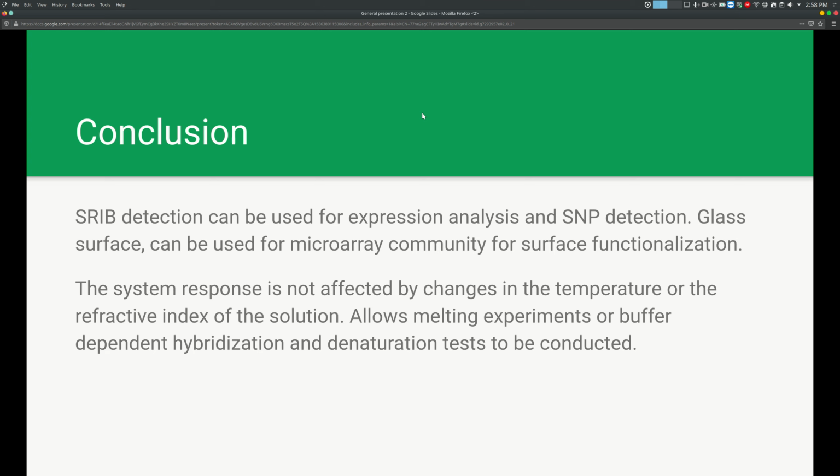One important point is that the system response is not affected by changes in temperature or the refractive index of the solution. As we know, we need high temperatures in order to denature the DNA, so it's much easier for us to compare matches and mismatches. This system supports high temperatures and changes in temperature, so it's much more stable, and therefore allows melting experiments of both temperature-dependent hybridization and denaturation tests to be conducted.